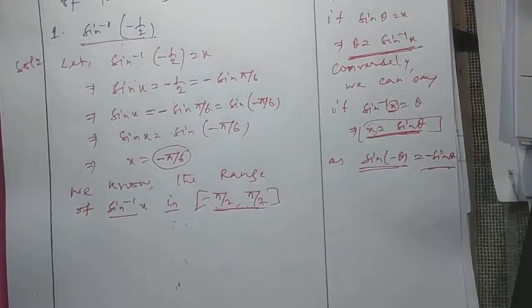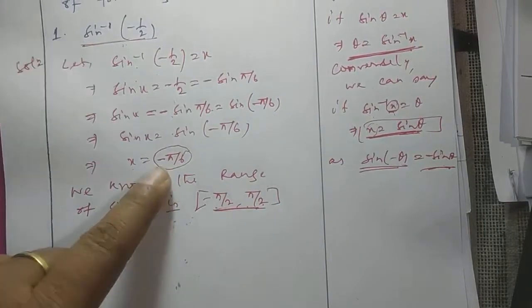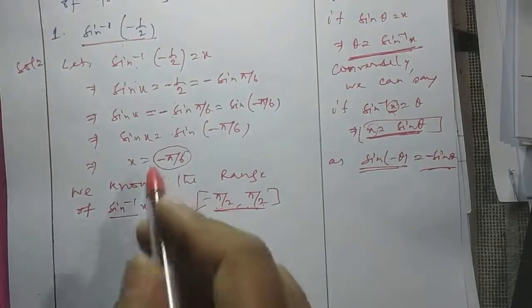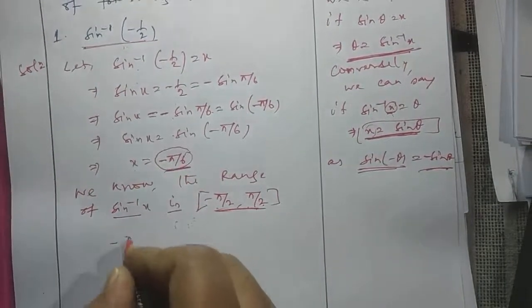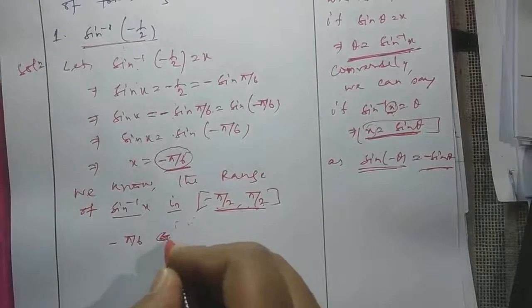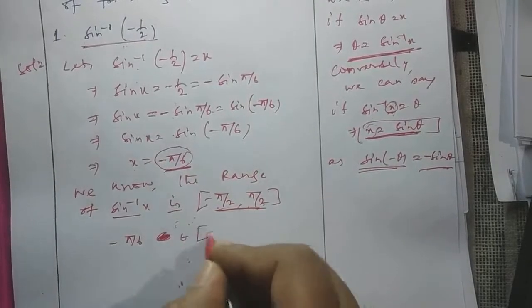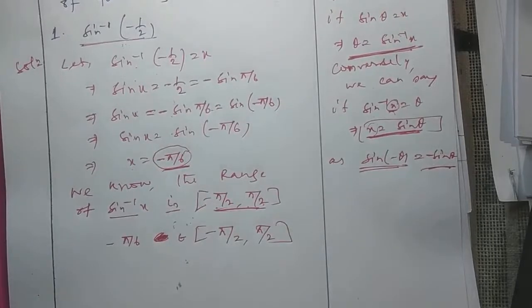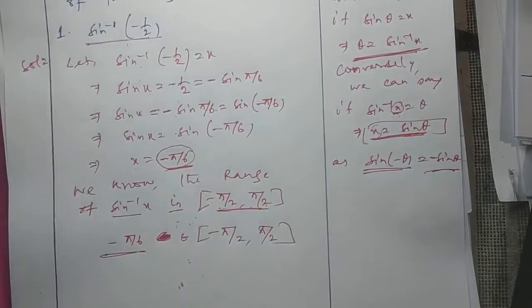If it belongs, it is the required PV, the required answer. Otherwise, we need to modify it to fall in the range. But here we see clearly this minus pi by 6 belongs to the range minus pi by 2 to pi by 2. That means here there is no need to modify. It is the required answer.